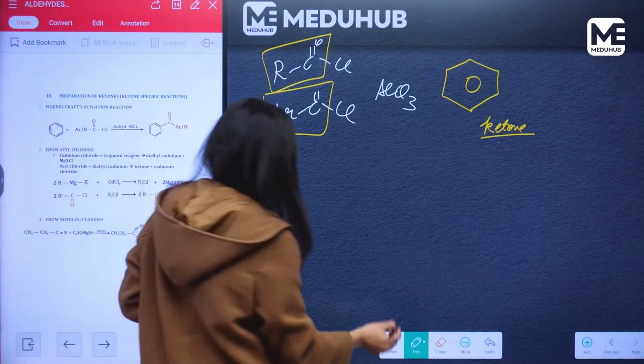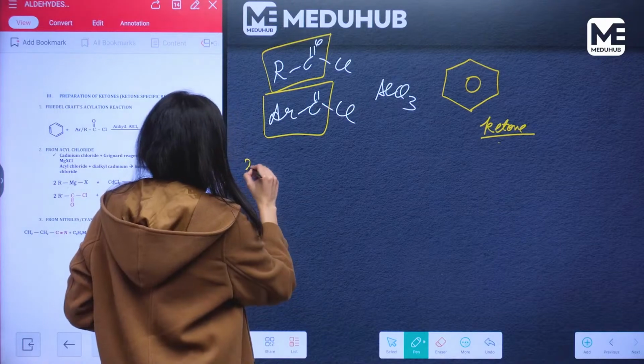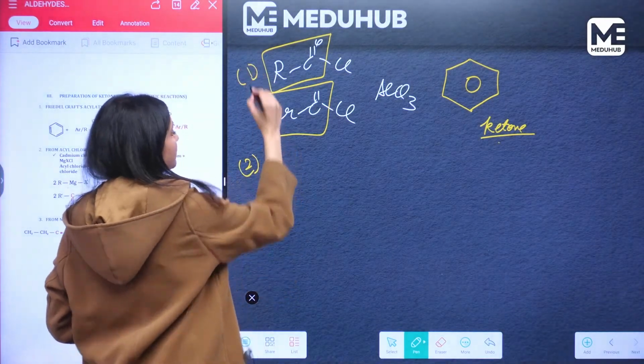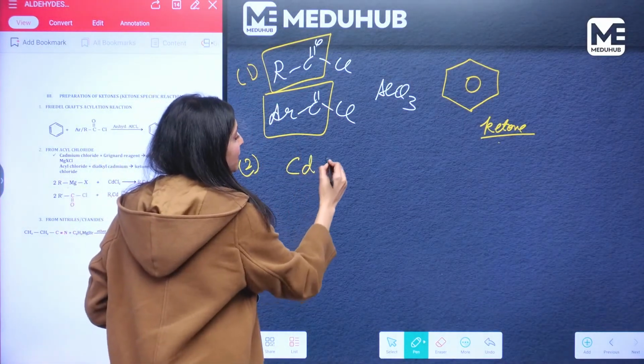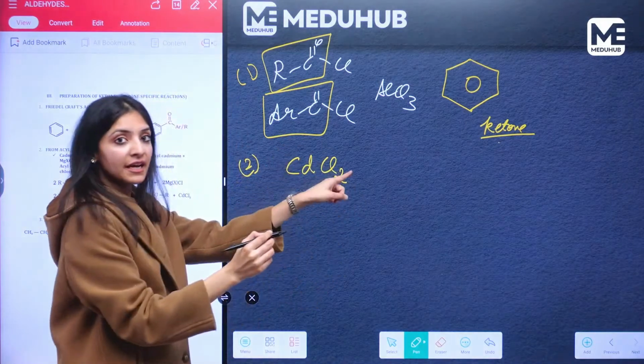In this method, what happens is, we have cadmium chloride, CdCl2.